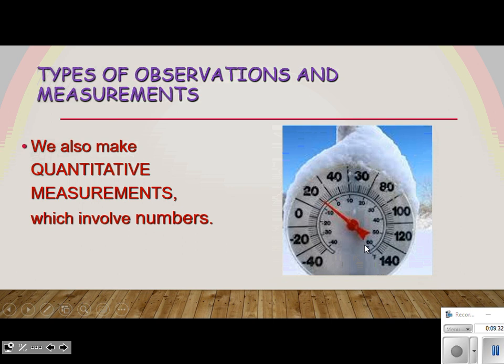I look here and I say, whoa, it's cold out. It's 20 degrees Celsius. It's cold out, but I'm giving you an exact number. So we were talking about quantitative analysis compared to qualitative, and I used the example of the rain.